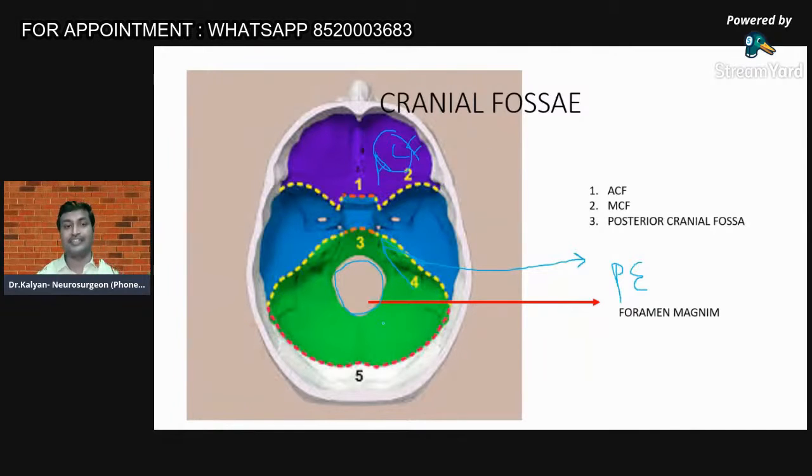Why is this important? Unless you identify the cranial fossae, you will not be able to identify the lobes of the brain. The lobe that sits in the anterior cranial fossa is the frontal lobe, and the lobe that sits in the middle cranial fossa is the temporal lobe. What rests in the posterior cranial fossa, you all know: the brainstem and the cerebellum.